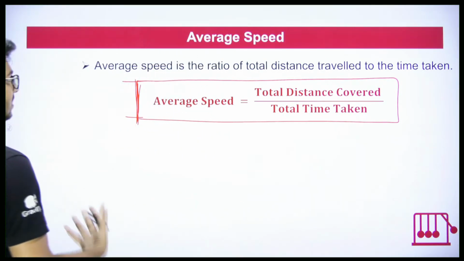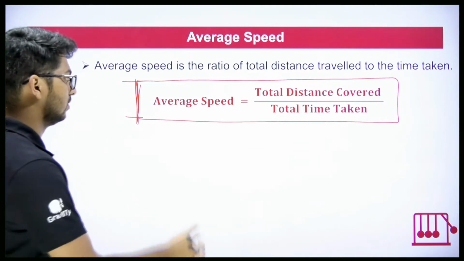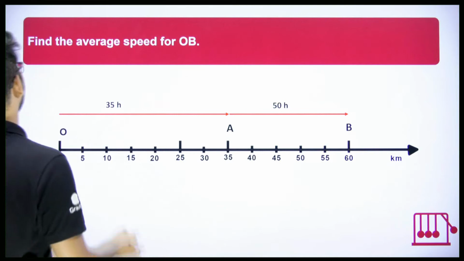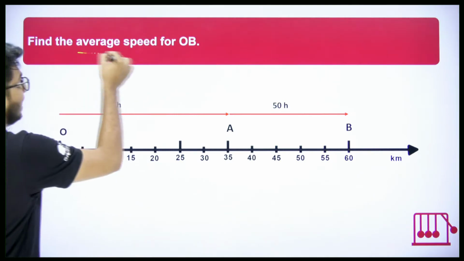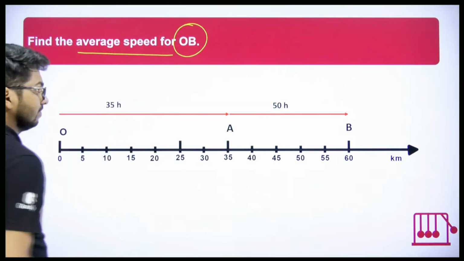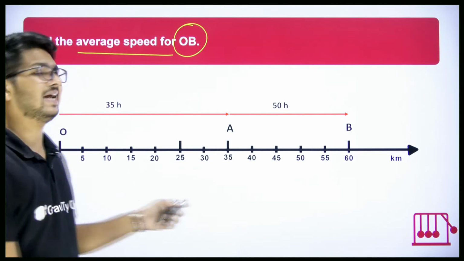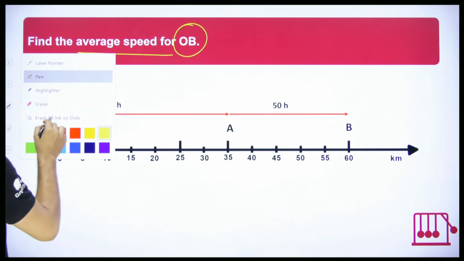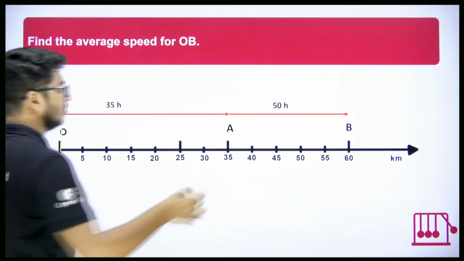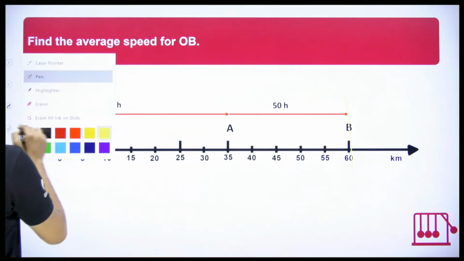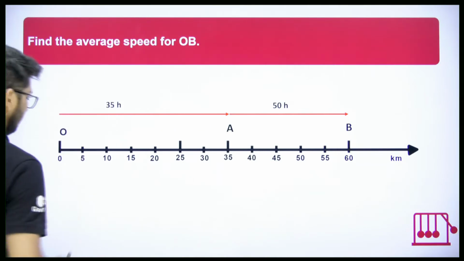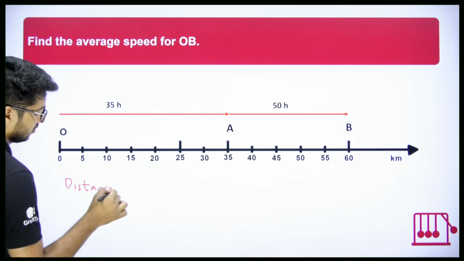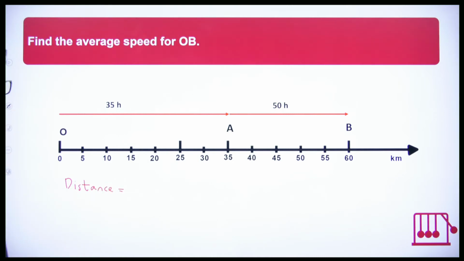Understood? So keeping this in mind, let's go into an example. In fact, the same example, find the average speed for OB. I told you, right, for the complete motion. Yes. So here for the complete motion from O to B, what is the distance from O to B?